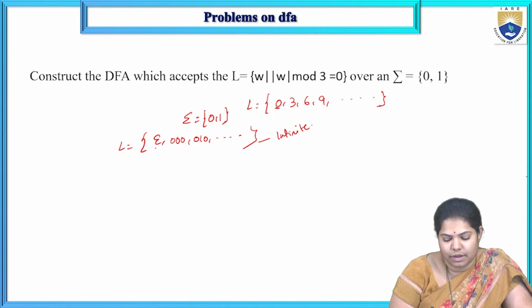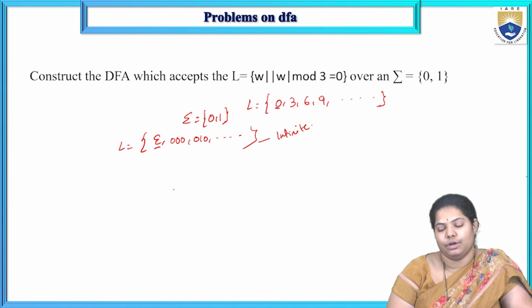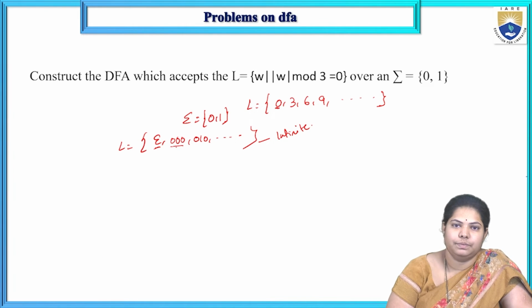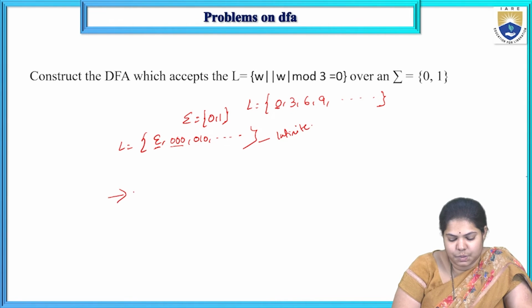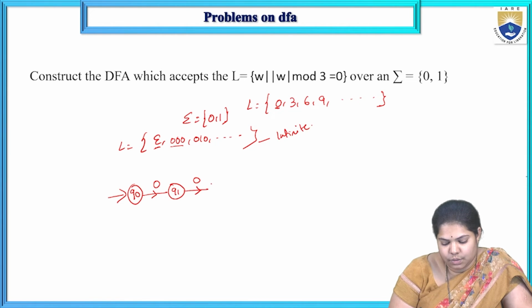What do we have to take? We have to take the minimum length string. Rather than epsilon, we will take 000. Right? So I start with Q0. I need to accept this particular minimal string. Q0 on 0, it reaches Q1. Q1 on 0, it reaches Q2. Stop here.